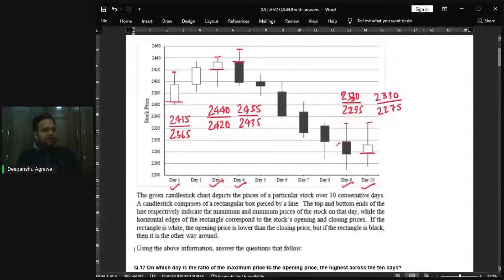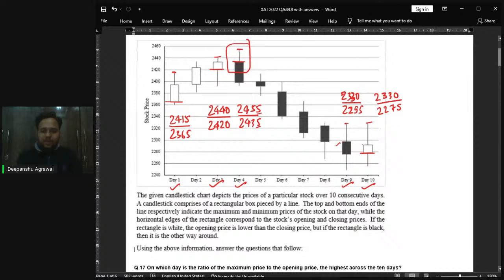So we can actually discard some of the data without even going inside it, right? For example, if we look at these two values, these are very close values, 2455 and 2435, just a difference of 20, right?